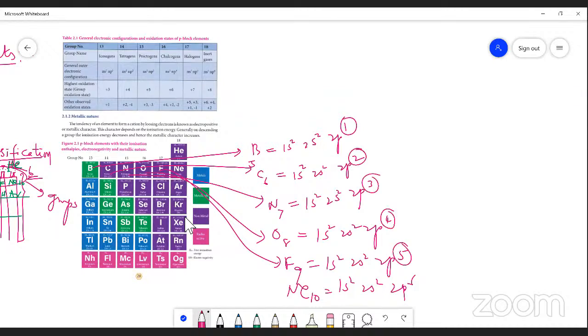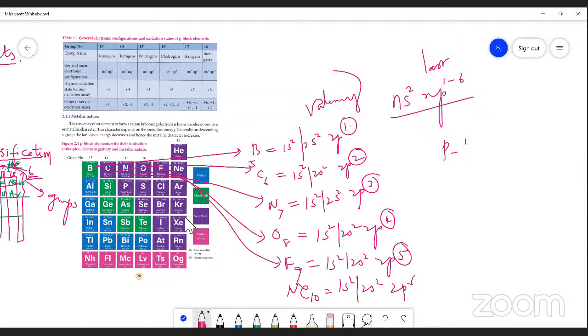This is the valence shell. The last shell is called the valence shell. The valence shell electrons are contained in ns2 np1 to 6.